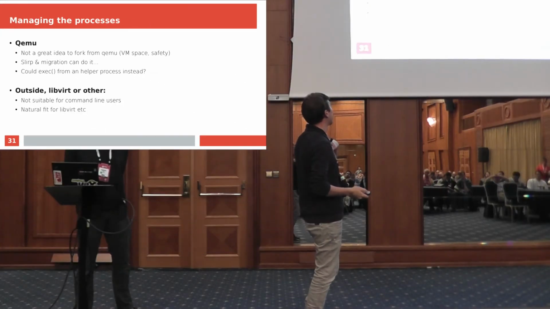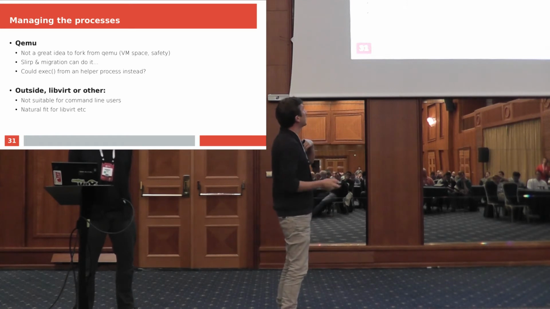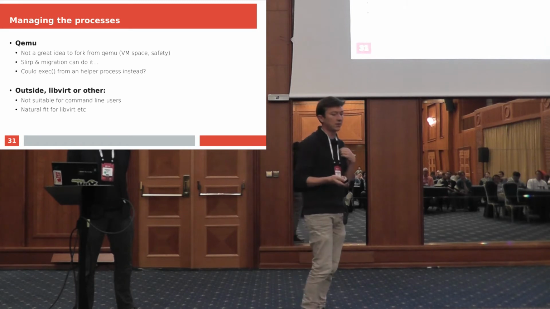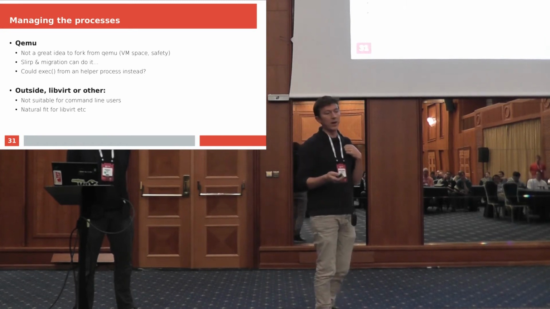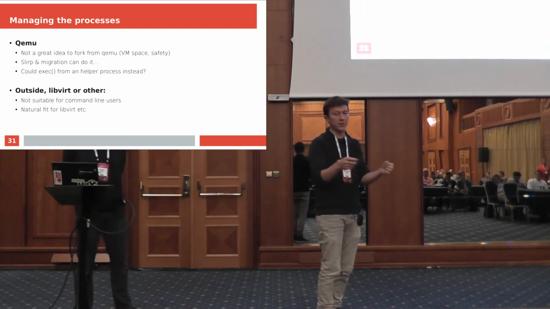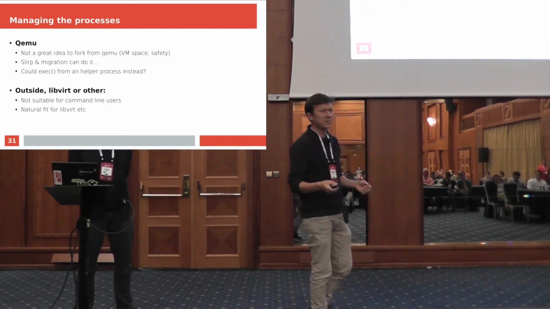Well, there are some concerns about how to deal with all these processes. So where should we do that? If I start today, if I want to have my emulation in a separate process, should I do it in QEMU? Should I hardcode the path of the binary in QEMU and QEMU should execute this? Well, some people don't really like that.